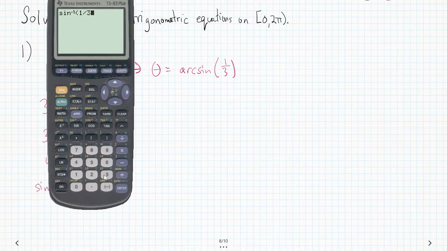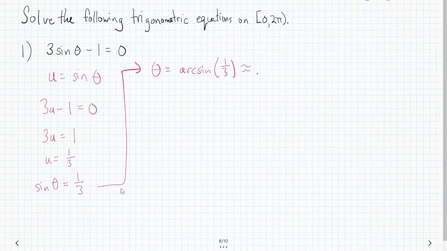And I'm sure this is going to be the number you're thinking of, right? 0.33. Now, just to give you an idea, remember we go back to our unit circle. So let me write it out. 0.3398. So this is approximately 0.3398.